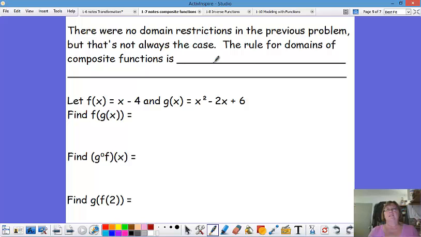You notice that we didn't have any domain restrictions there. There wasn't any square root or any fraction to worry about, but the rule for the domains of composite functions is to use the most restrictive domain. The one that is the most restrictive is the one that you want to choose.